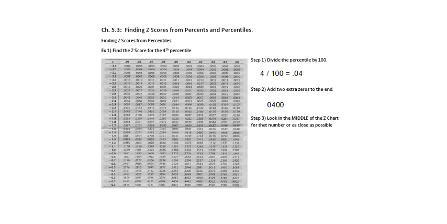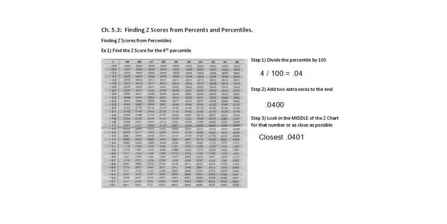Now the next step is to look in the middle of the z-chart for that number or as close as possible. I have bad news. You're not going to find 0.0400 in the middle of the chart. In fact, most of the time you will not. But if you can't find it, just look for the closest. And the closest is 0.0401. Let me show you where it is.